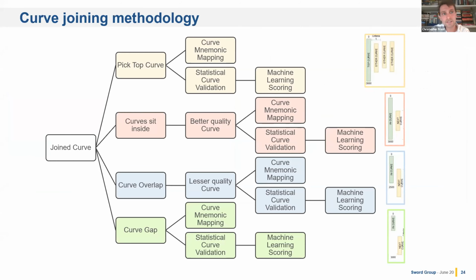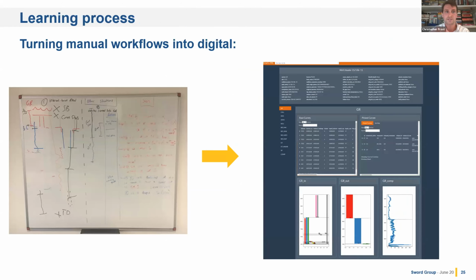So when we were creating our curve joining workflow, we had a number of considerations, and some of them are here. And this really started with us taking a process that we've been doing in Dataco more than Venture, and we've taken this over to the new company. We've been splicing curves and creating JWLs for petrophysicists probably for the last 15 years.